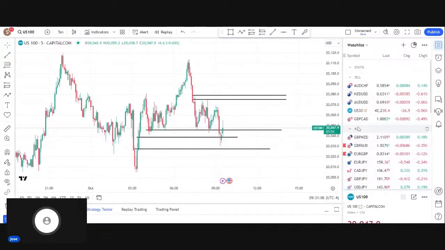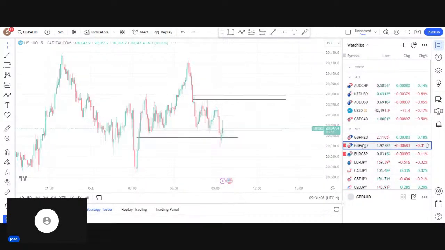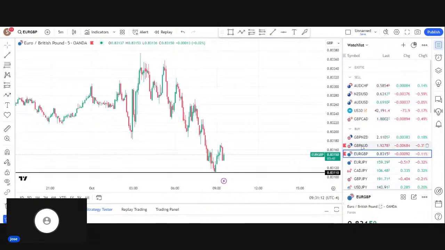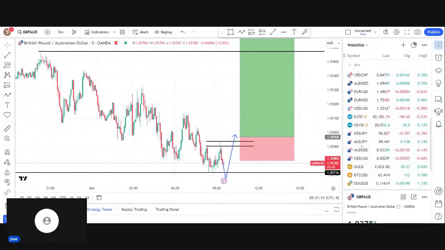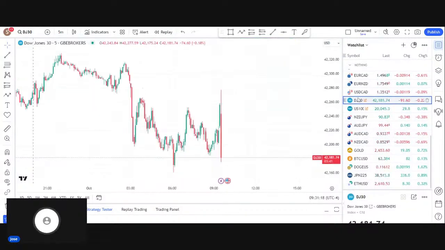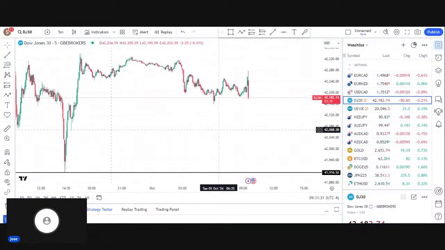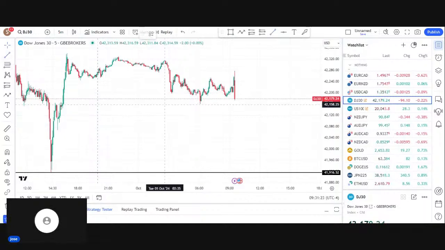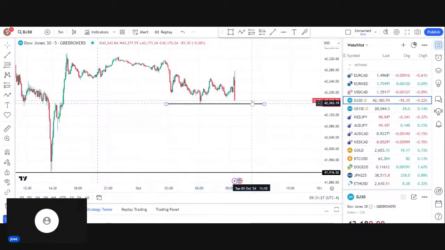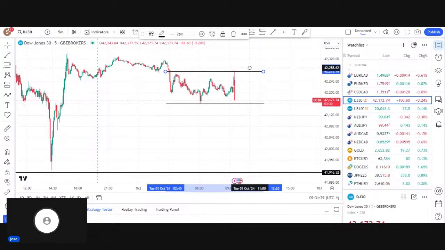So let's see how our pairs are doing. No trigger yet. All right. Let's play around with US 100. And even US 30, it's very easy to trade US 30 using that same strategy, where this is the resistance area and this is support. If price closes below this, you can go down.